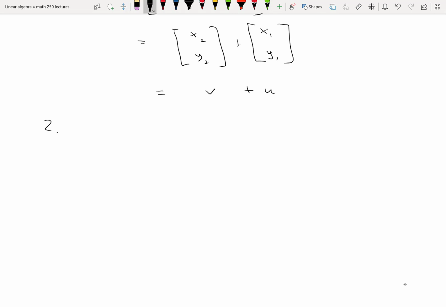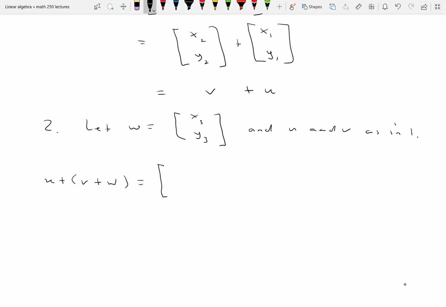Well, let's dig into 2. Let w equal x3, y3, and u and v as in number 1. Well, what do we need to do? We need to take a look at moving the parentheses in u plus the quantity v plus w. So let's take u plus v plus w.